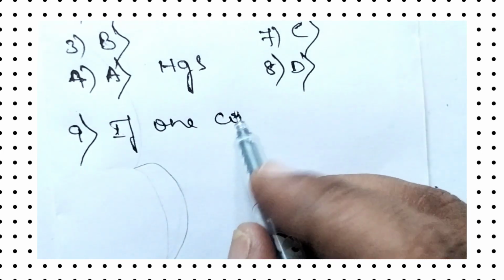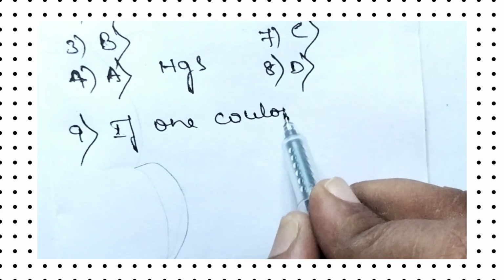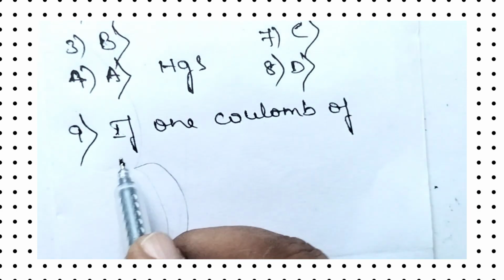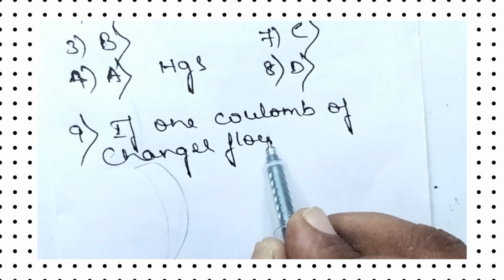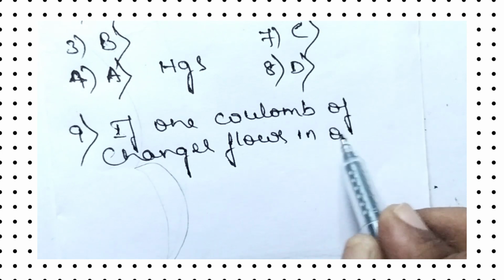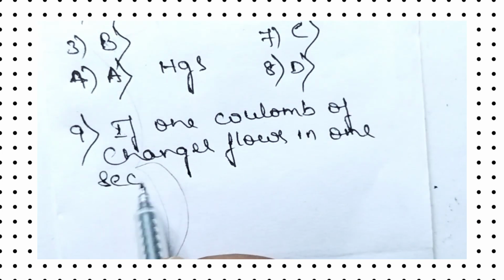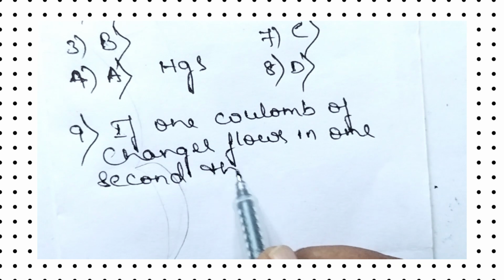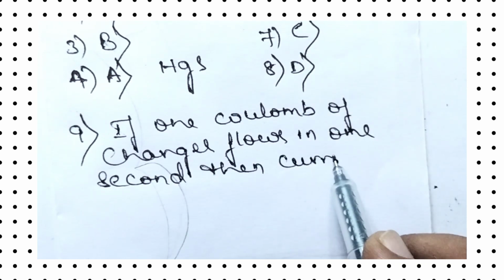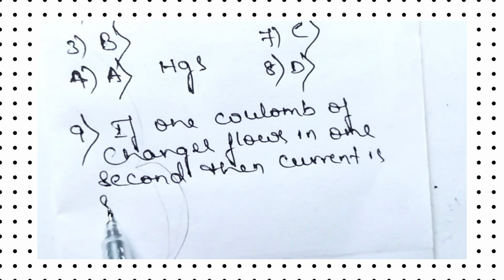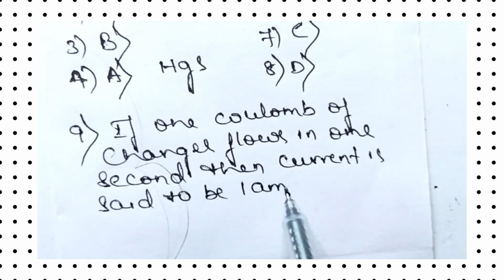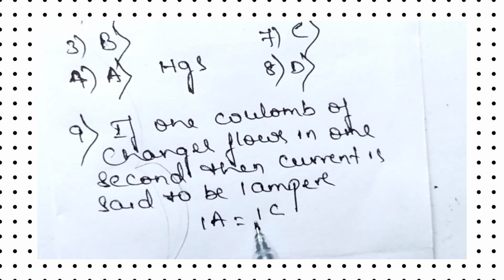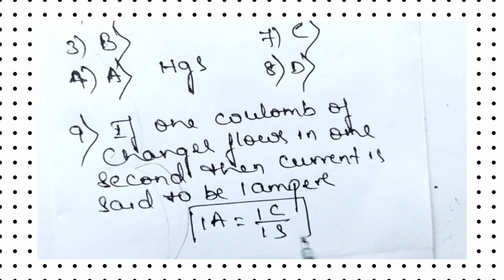If 1 coulomb of charge flows in 1 second, then the current is said to be 1 ampere. 1 ampere is equal to 1 coulomb divided by 1 second.